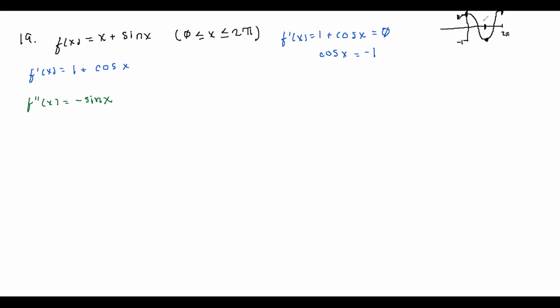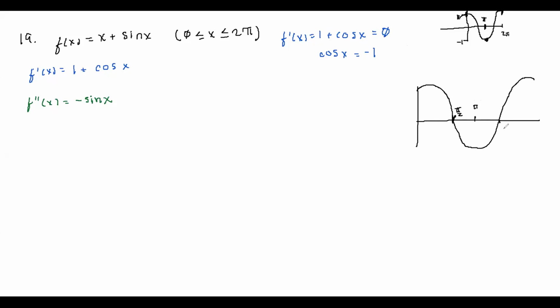But what I want to make clear is that this is pi. Like I'll have a graph that looks like this, and this is a cosine graph. And this is x is equal to pi over 2. This is pi.